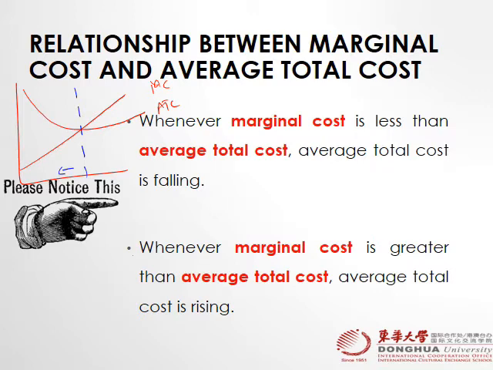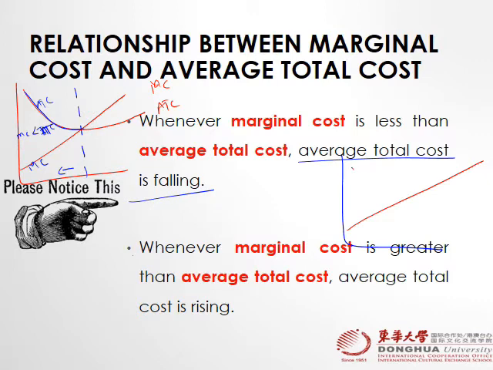On the left side, this is the MC and this is the ATC. So when MC is less than ATC, which means the left side, the average total cost is falling. Look at that one. Average total cost is falling.